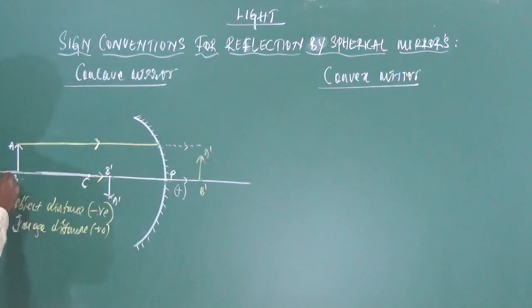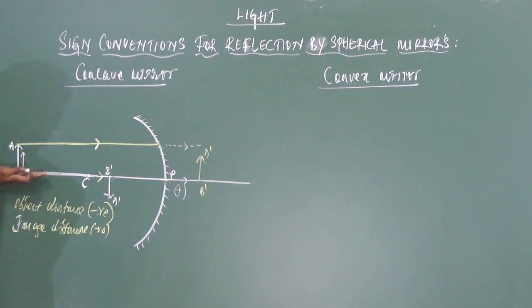Please follow this. Now this is the principal axis. Any measurement, that is AB, I told you it is the object. So here this is the height of the object. You have to measure the height of the object in this direction.